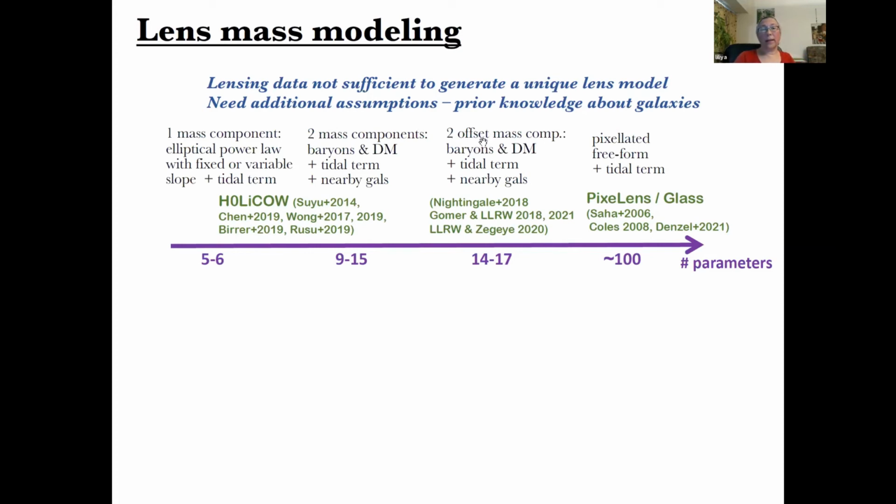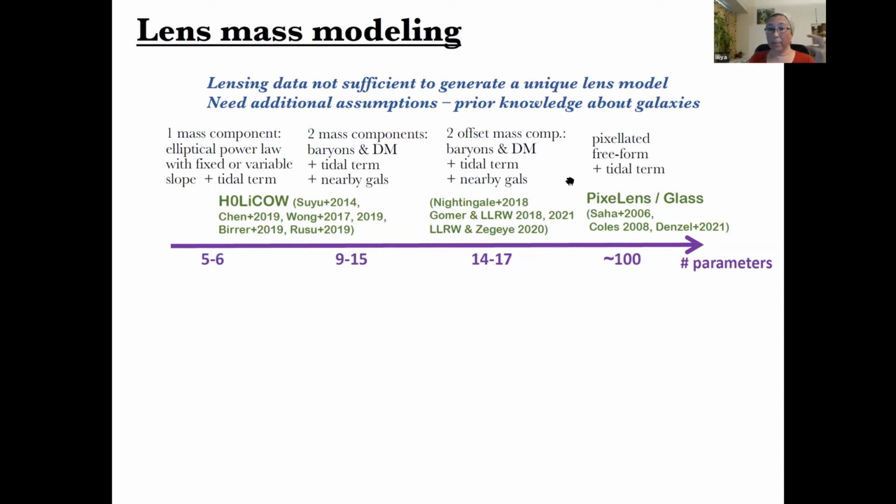You can introduce one more complication to the mass distribution. You can assume, unlike what Holy Cow does, that the two components are actually not co-centered, but slightly misaligned. There's a shift between them. What that does is introduce non-elliptical perturbations to the mass distribution. What's important is actually just looking at what that does in the annulus of the images, not at the very center. So that introduces another couple of parameters.